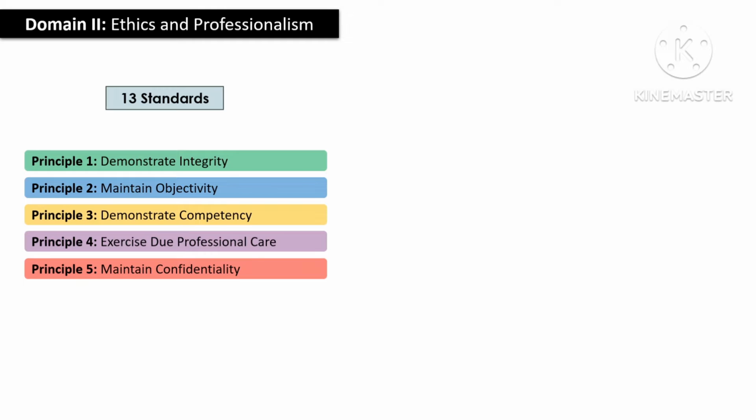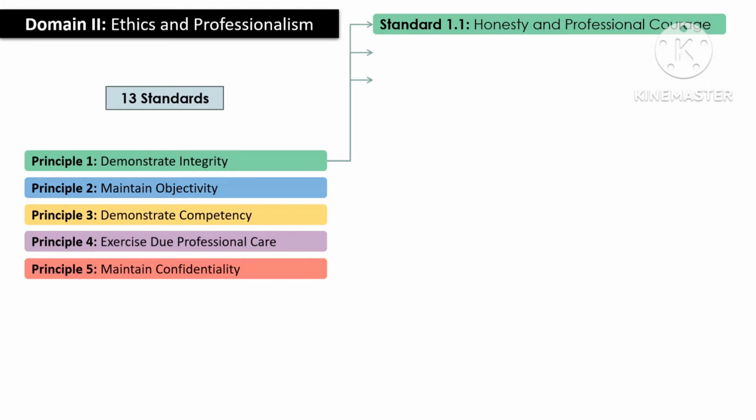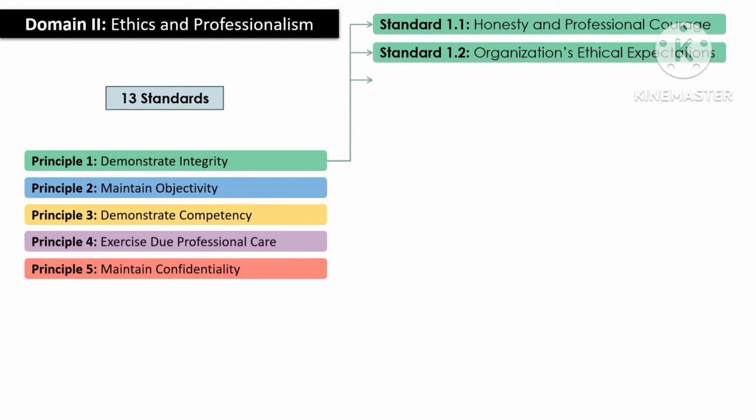Principle 1 has 3 standards. 1.1 is honesty and professional courage. The second one is organization's ethical expectations, and 1.3 is legal and ethical behavior.